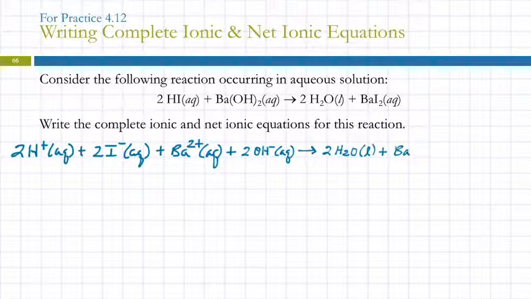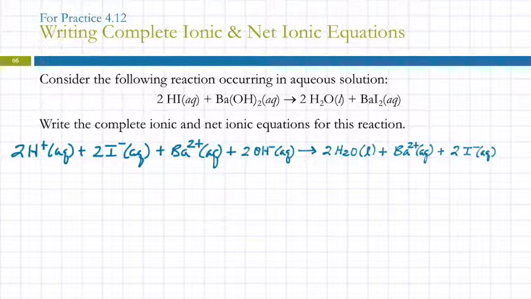So I'm going to get barium ions, 1 barium ion, and 2 iodide ions. Nice, I got that on one line. If I'm careful with the formulas and the subscripts and the coefficients, it will be balanced. You should always check. That's the complete ionic equation. Any questions?